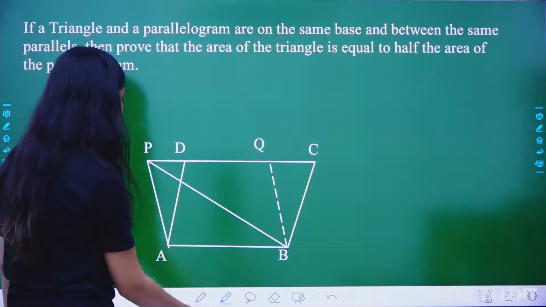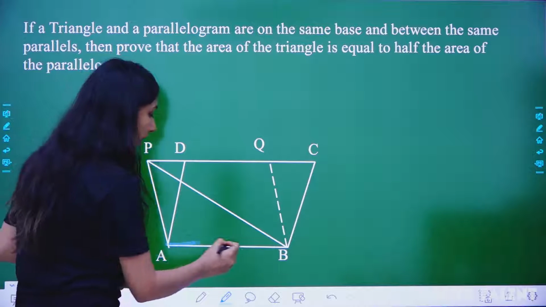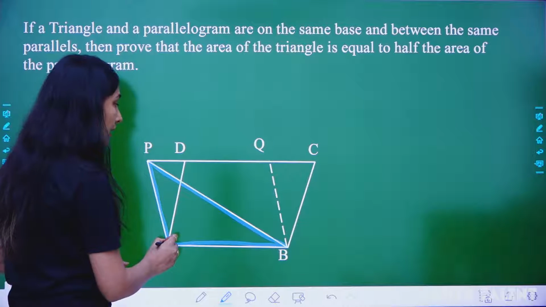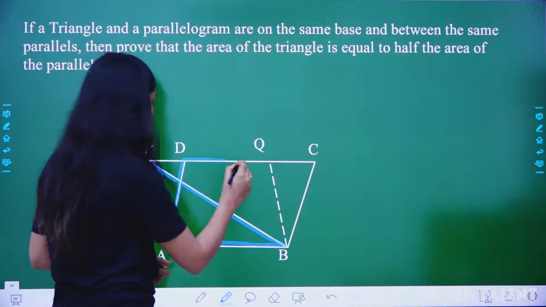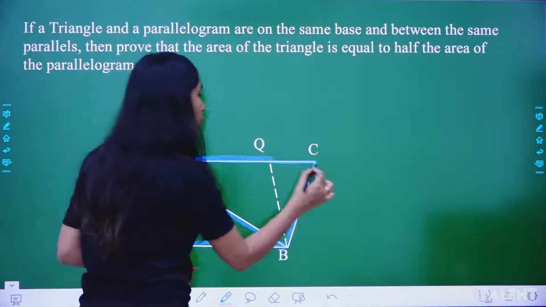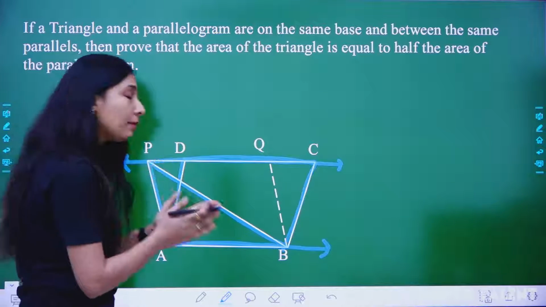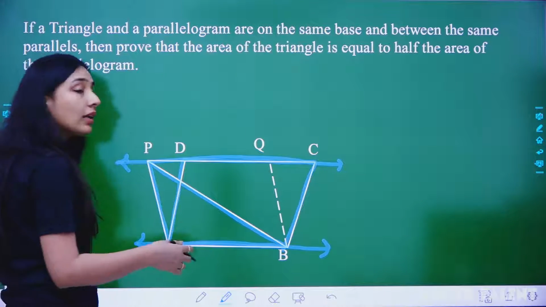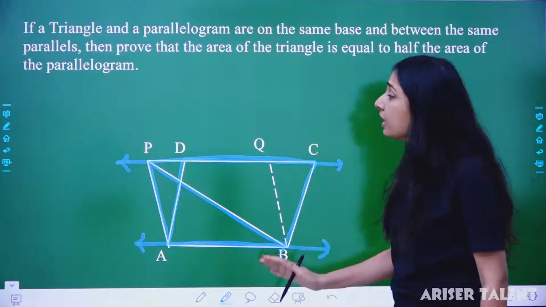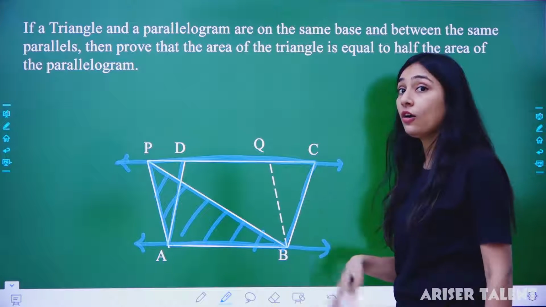Right, now have a look at this again. I'm not completely doing the question, but I'm just making you understand the technique. We have a base AB, a triangle ABQ and a parallelogram ABCD on that. We have to prove that if we are having two parallels and a common base, then in that particular case the area of the parallelogram will be double the area of the triangle, or we can say the area of the triangle will be half the area of the parallelogram.